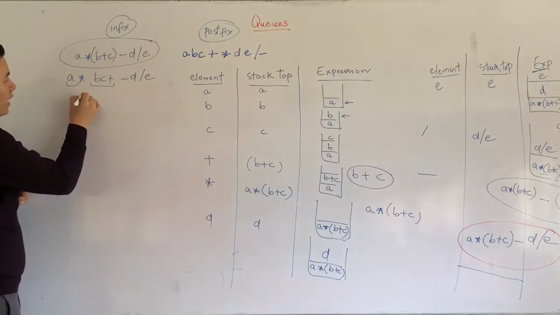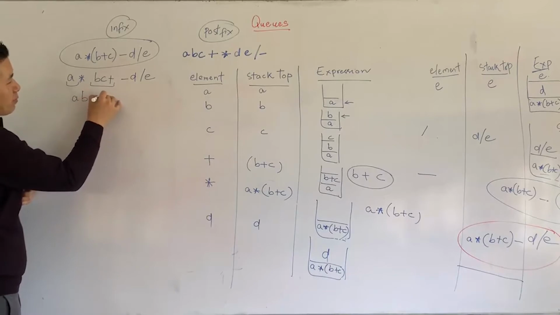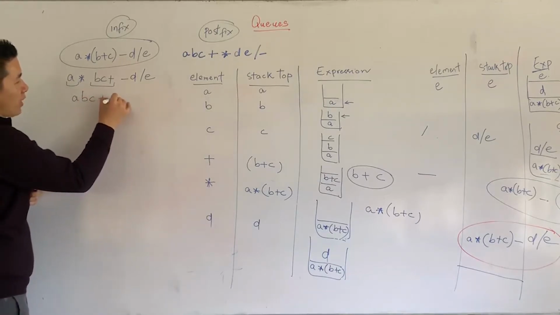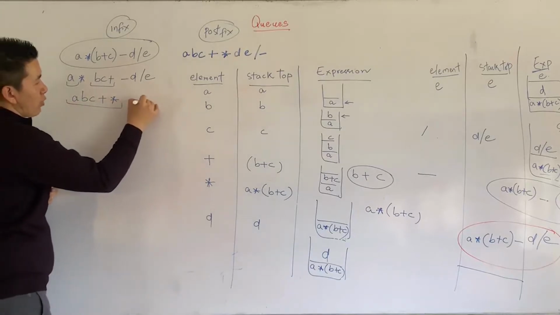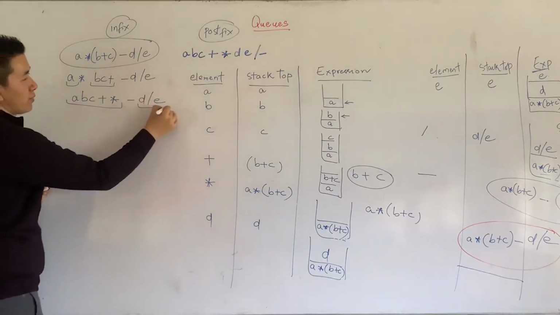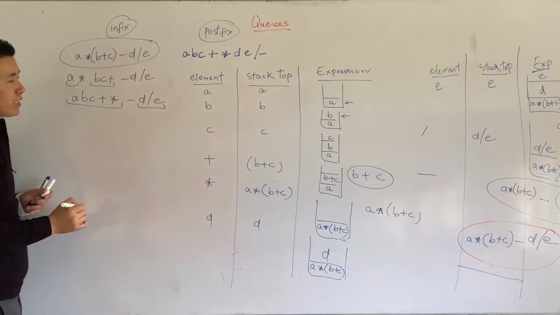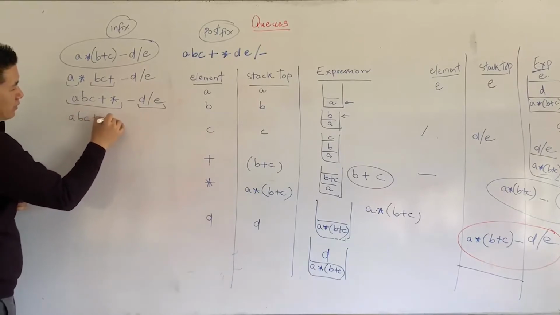So it will be A as the first operand, and then the second operand is B, C, plus, followed by the multiplication operator. Now next up you have something like this. And then you have the division operator that needs to be evaluated, and this will be as it is.